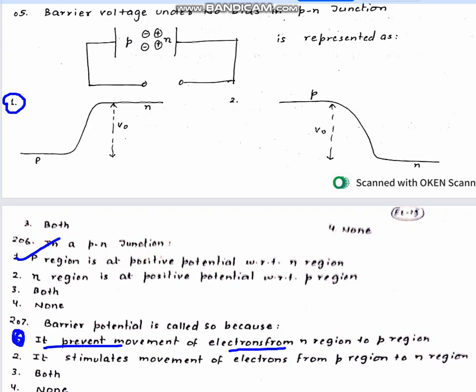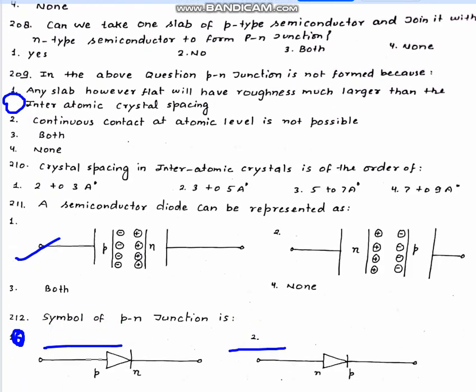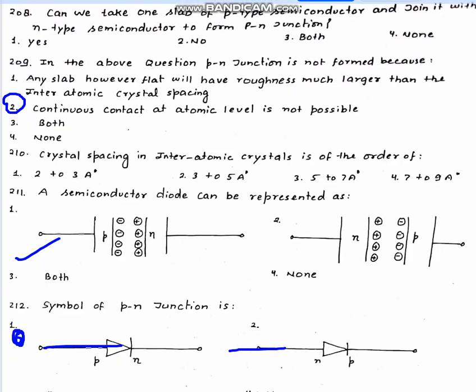It opposes the diffusion current, so first is correct over here. Next, can we take one slab of P type and join it with N type? No, it's not possible. Next, in the above question, the p-n junction is not formed because continuous contact is not possible, so both are correct over here. Next, crystal spacing in interatomic crystals is of the order of 2 to 3 angstroms, so one is correct.